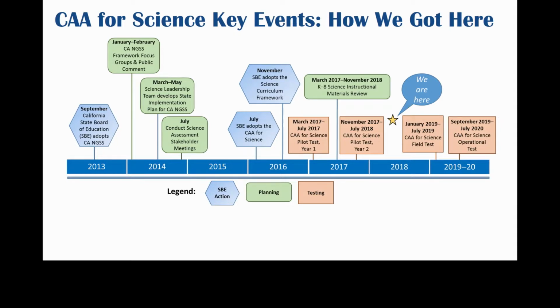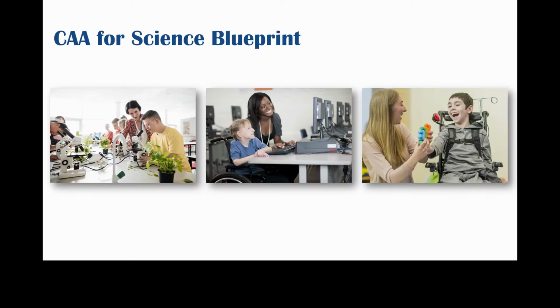Next year, for the 2019-20 school year, that's when the first operational test will be available beginning in September through the LEA's last testing window or last instructional day. And that's what I meant by expanded testing window earlier.